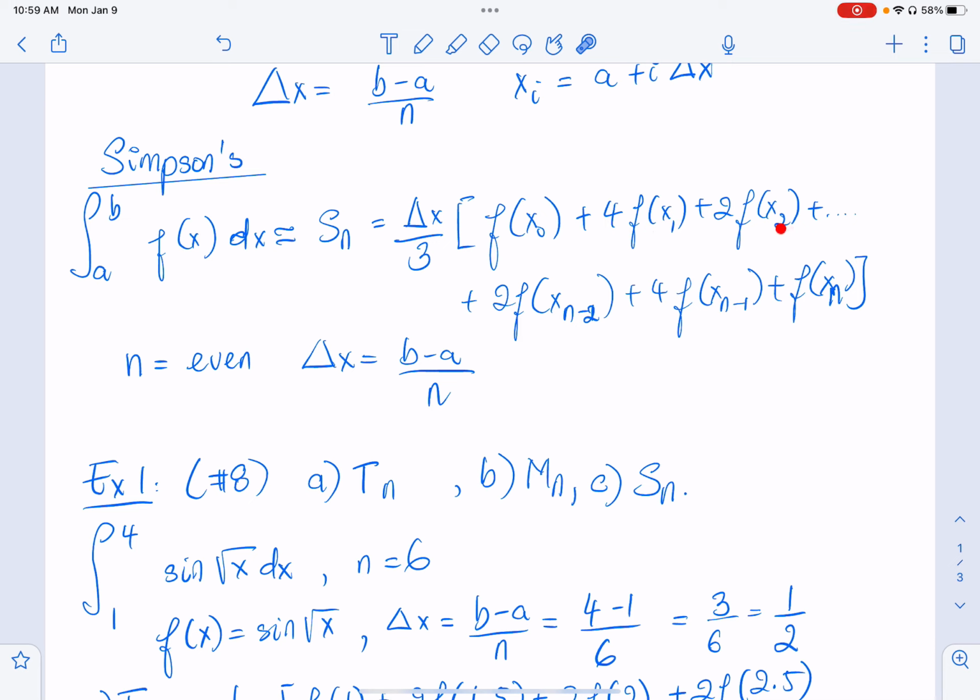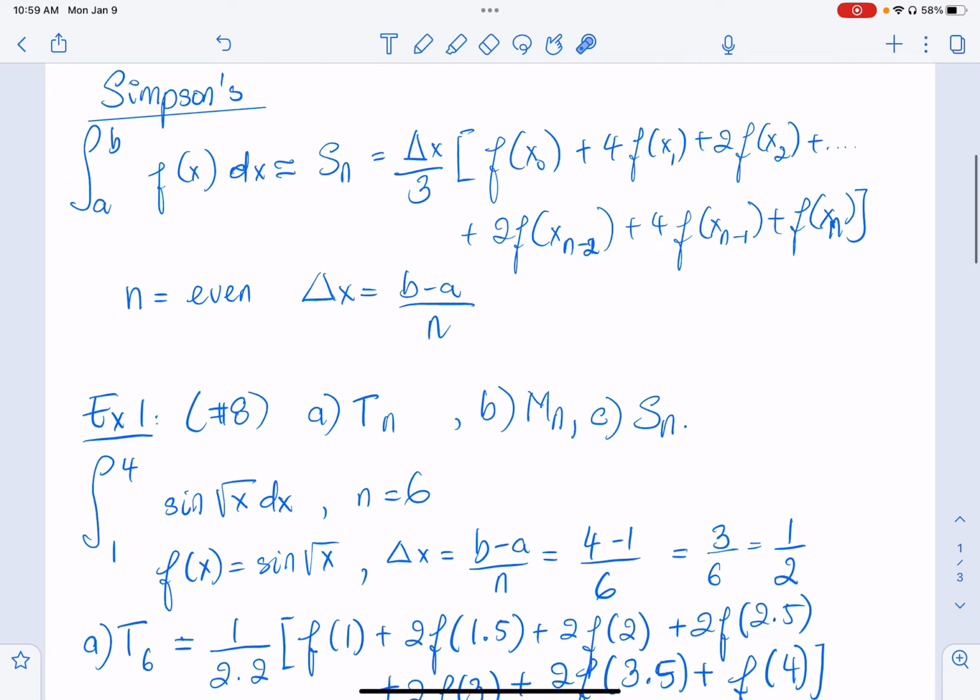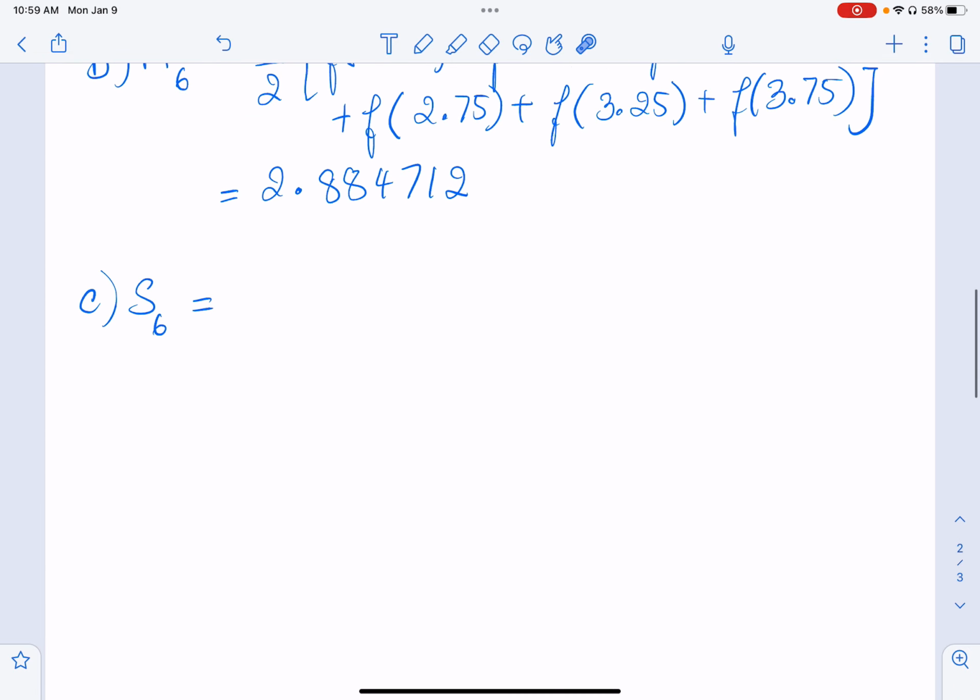You have 2 for x2, and it keeps alternating 4, 2, 4, 2, 4, 2, 4, 2. And then we have 4. And then the last one is just the f of xn. And in this case, for Simpson's, n has to be even. So we have 6, which is an even number.